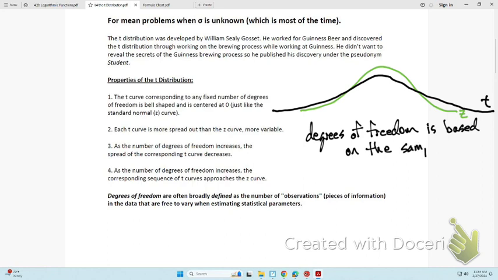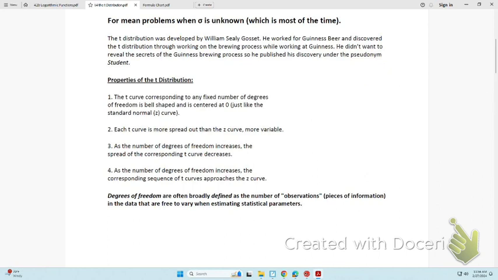And I type more on the next page about that. So degrees of freedom is directly related, dependent on the sample size, which means there are infinite T curves. If the sample size is huge, that black curve is going to approach the green curve. If the sample size is tiny, it's going to be a lot more spread out than the green curve. And that's what all those properties are talking about.